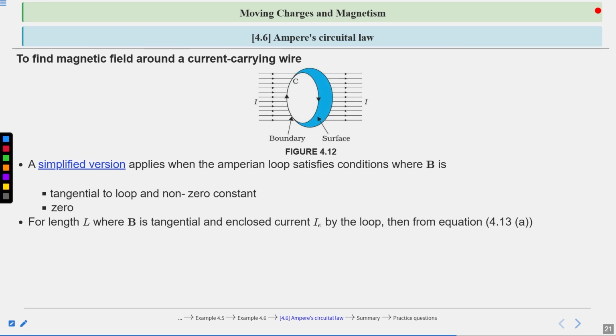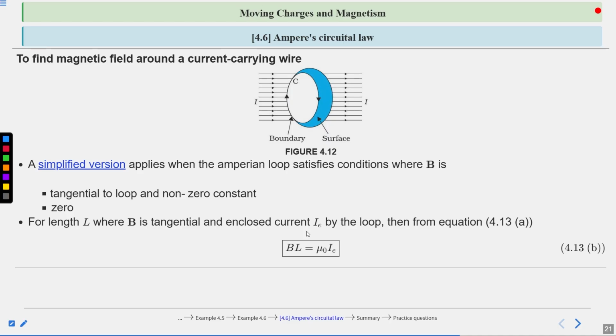For a wire, a finite wire, with a loop of length L where B is tangential and the enclosed current is IE by the loop, then equation 4.13a gives BL equal to mu naught IE.